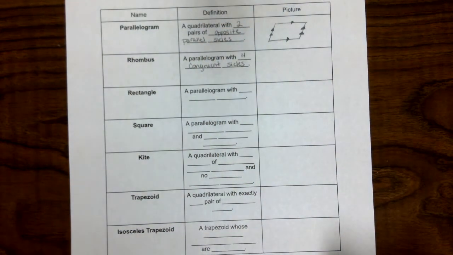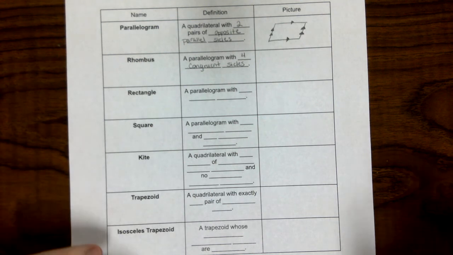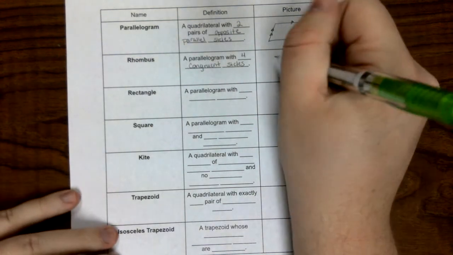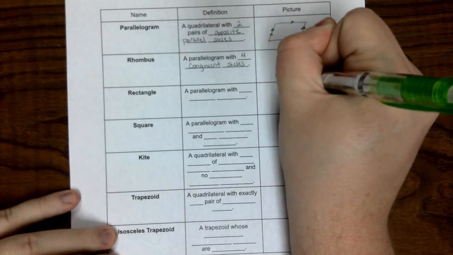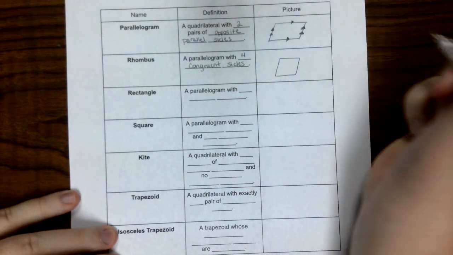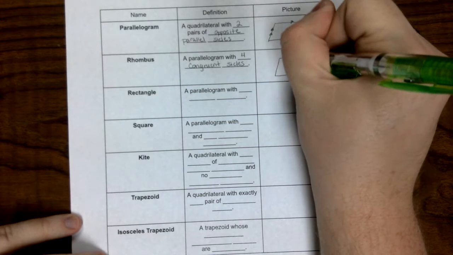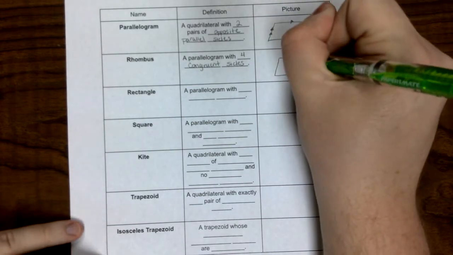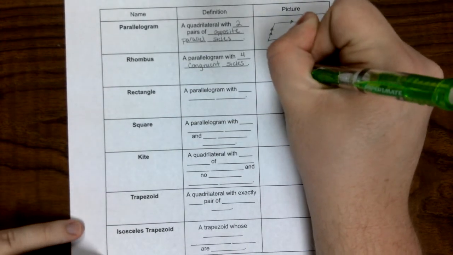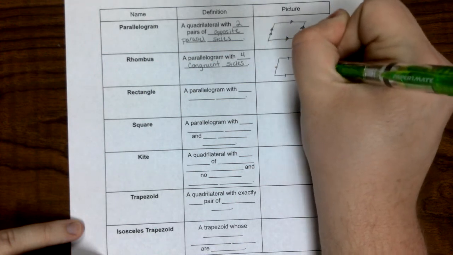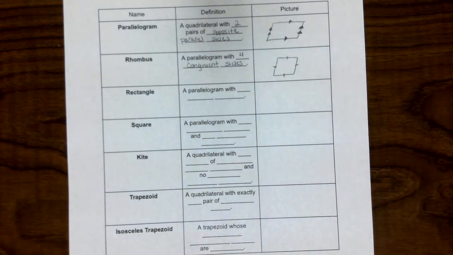Remember, congruent kind of means equal, and so all four sides of a rhombus are equal. So to draw it, we could draw kind of like a squarish thing, but knocked over. And then to signify congruent, we put little, I call them ticks, but these little marks. Okay, that tells us that all four sides are the exact same length.